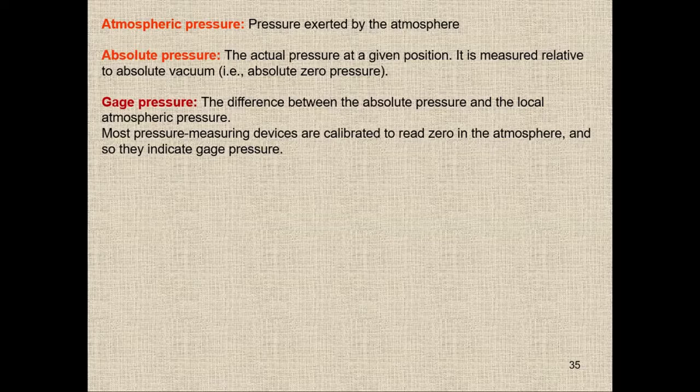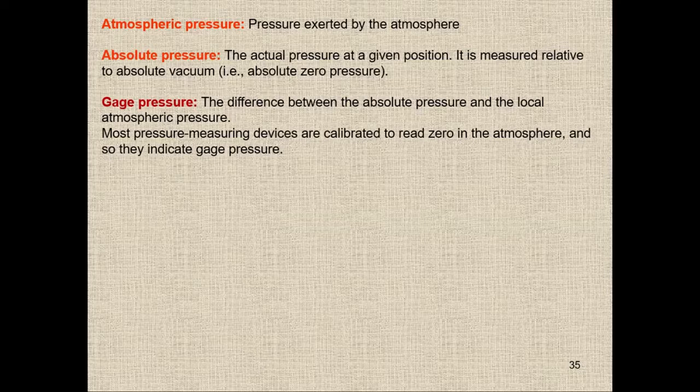Normally, most pressure measuring devices are calibrated to read 0 in the atmosphere, and so they indicate gauge pressure. Probably you have checked that if you are going to fill CNG or air in the tires of your car, it's going to read 0 pressure when there is no gas.